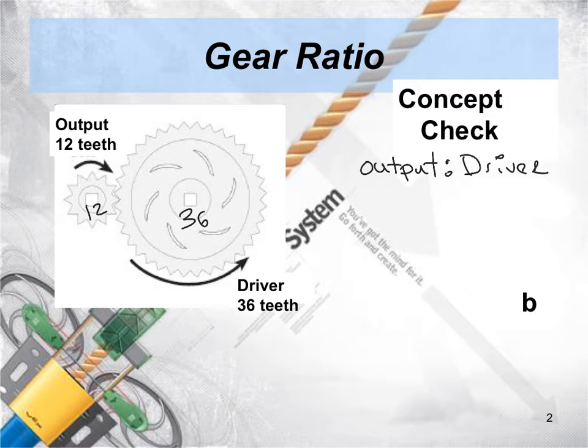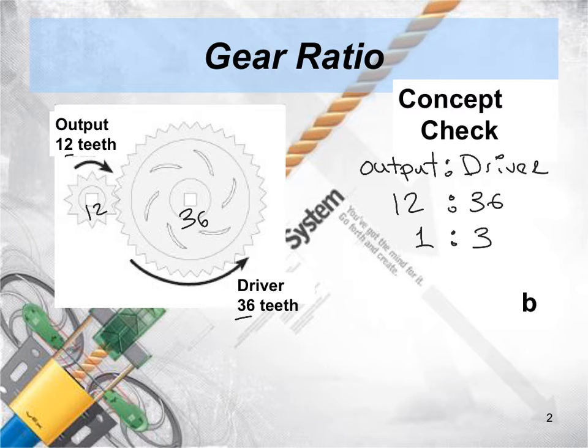In this instance here, our output gear has 12 teeth, and our driver gear has 36 teeth. Now, in a good math world, we want to make sure we reduce. If you remember, all these gears are divisible by 12. So 12 goes into 36 three times. 12 goes into 12 once. So our gear ratio is 1 to 3.